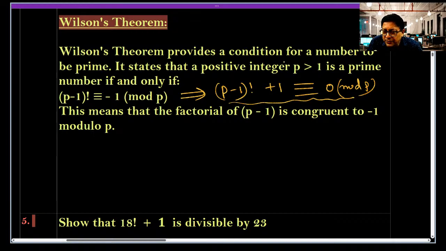This is a universal truth, that it will always be divisible by p. (p minus 1) factorial plus 1 is divisible by p.